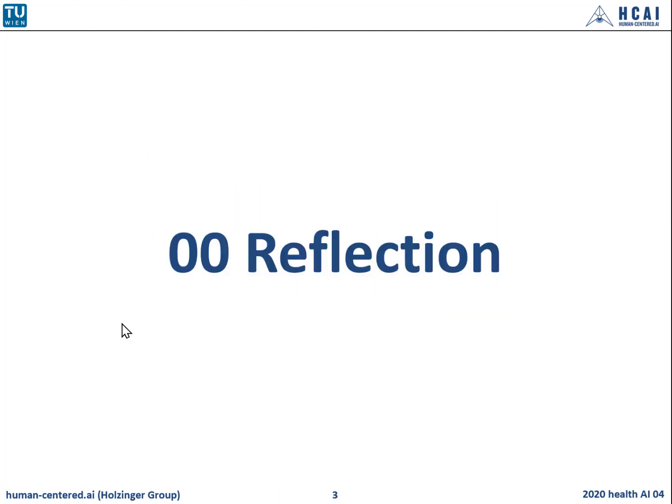Okay, let's start at first, as usual, the reflection from the last lecture. So as kind of a warm-up quiz, what do you see here? Yes, this is white noise, and white noise is an excellent example for independently identically distributed data, short IID.